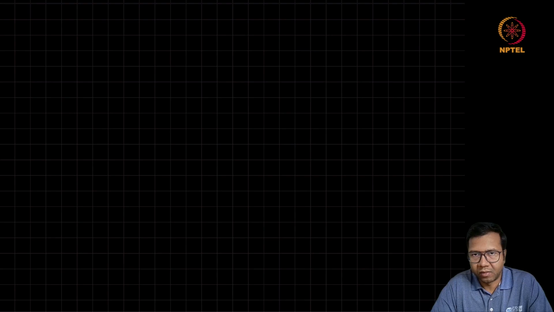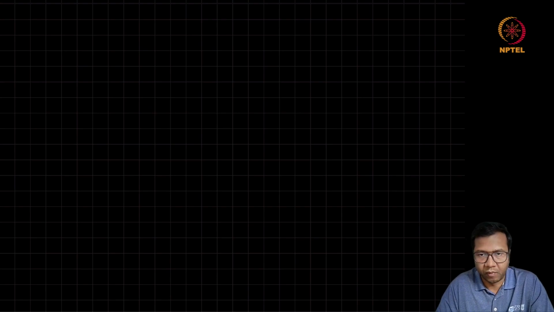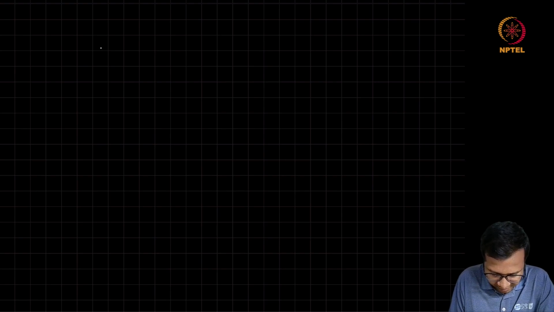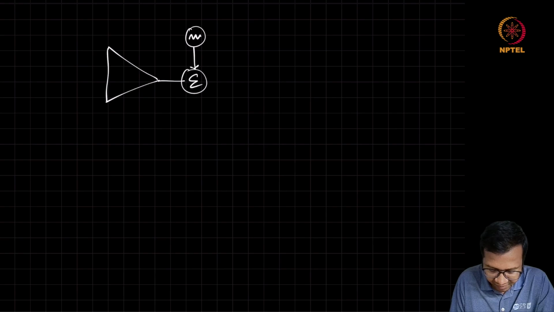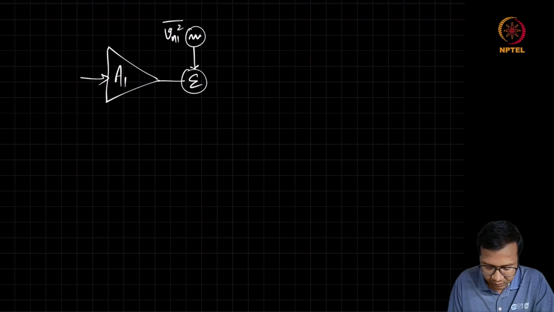We need to understand the concept of noise figure for a signal chain when you have multiple noise generating blocks present. But this is what we are also going to see in a regular receiver. So let's take a very simple example of 3 stages, and each of the 3 stages are generating their own noise, and they have a corresponding voltage gain also.